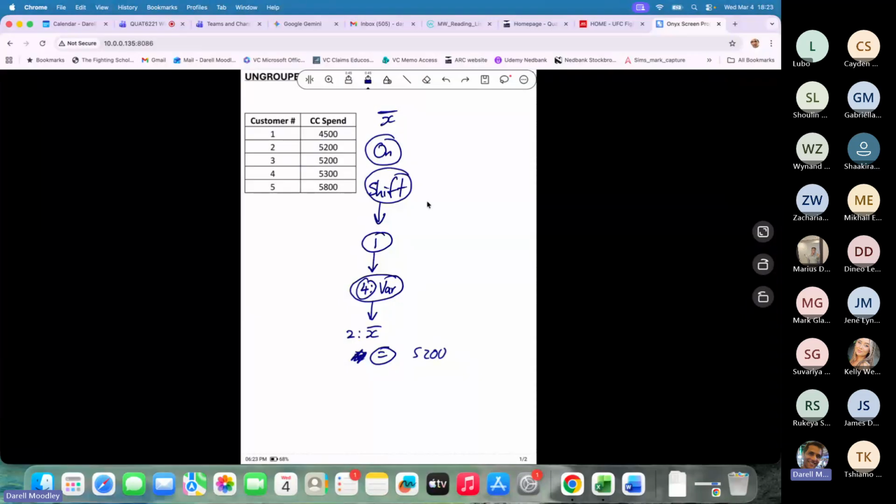So you've worked out the average. Now, whenever you're answering the assignment or the exam, when you work this out, you need to provide a statement to show that you're interpreting the problem. So just like what we did, X bar equals 5,200.